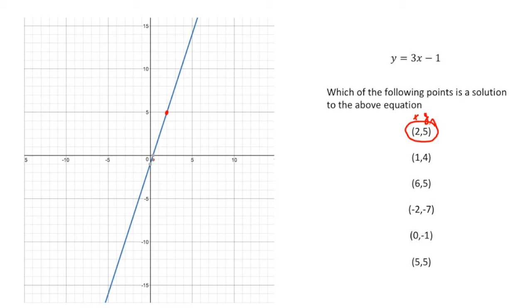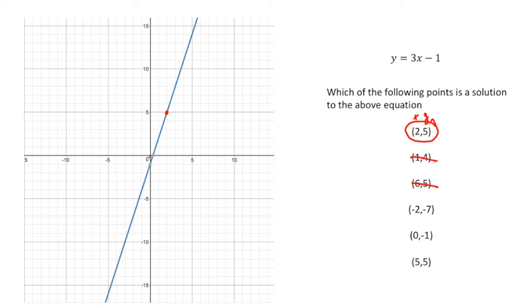Let's see, coordinate 1 and 4. So over 1 and up 4: 1, 2, 3, 4. That one is not on the graph, so it's not a solution. All right, 6, 5. If I go over 6 and up 5, notice we're way off, so that one is not a solution. Negative 2, negative 7.